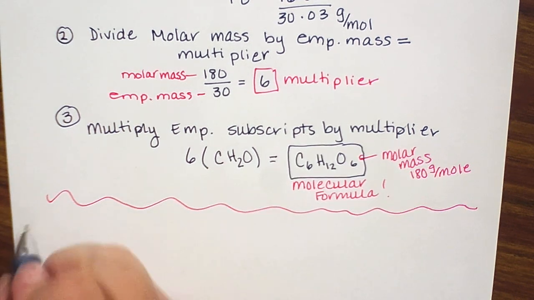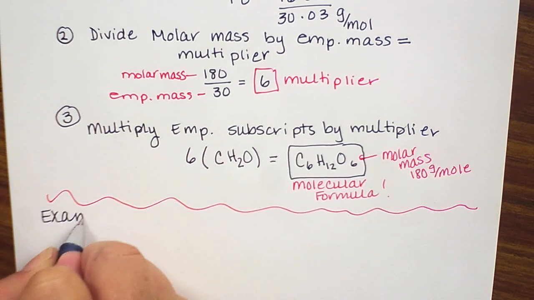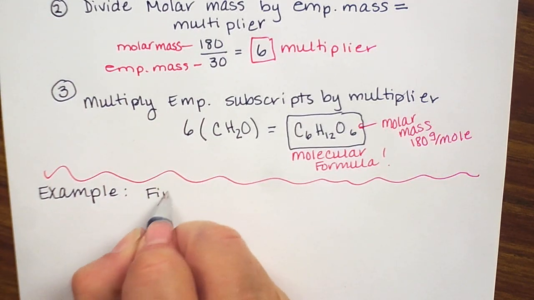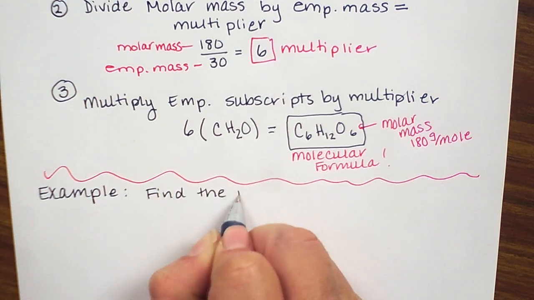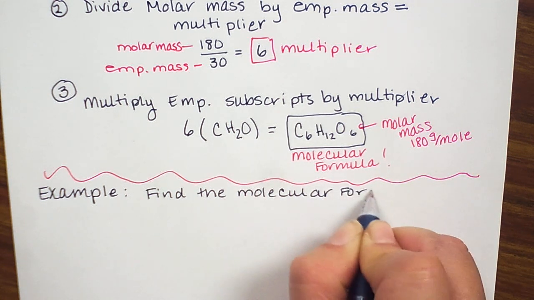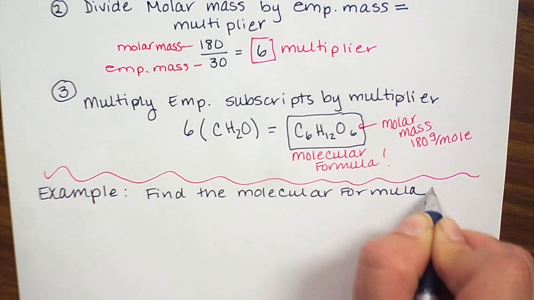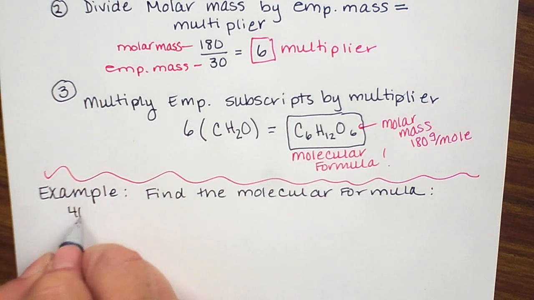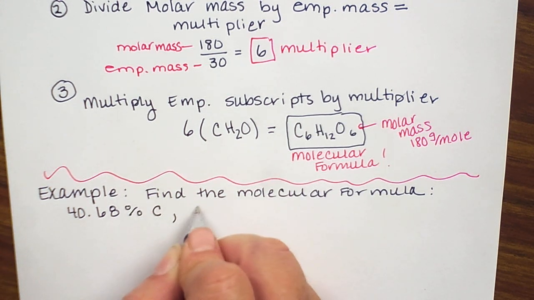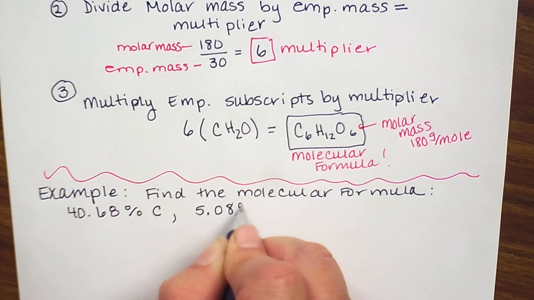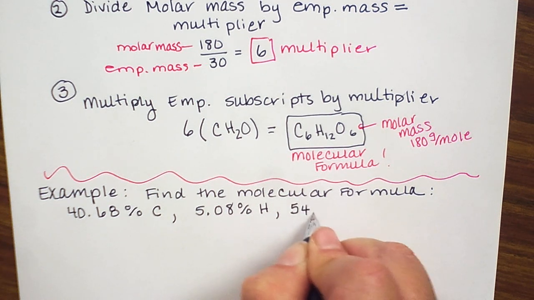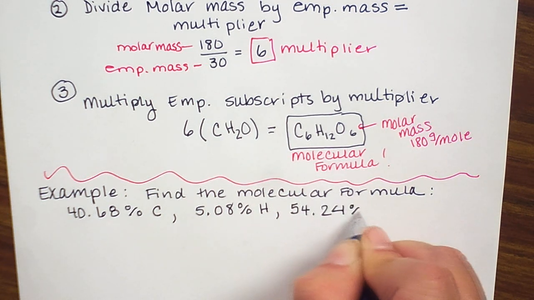Okay, let's do an example. Here we go. Find the molecular formula: 40.68% carbon, 5.08% hydrogen, and 54.24% oxygen.